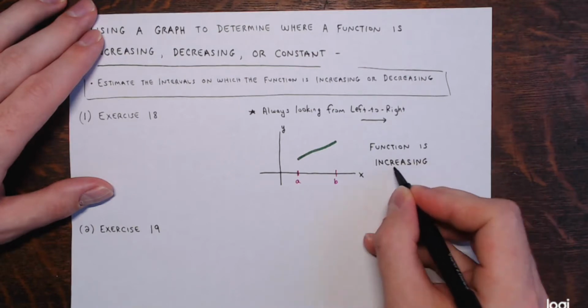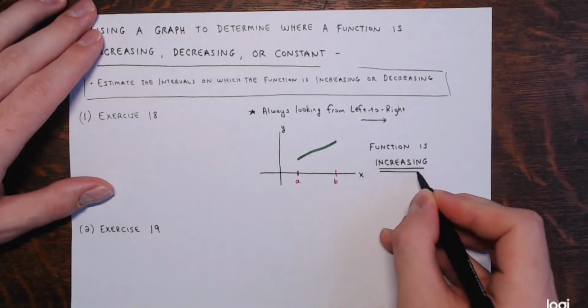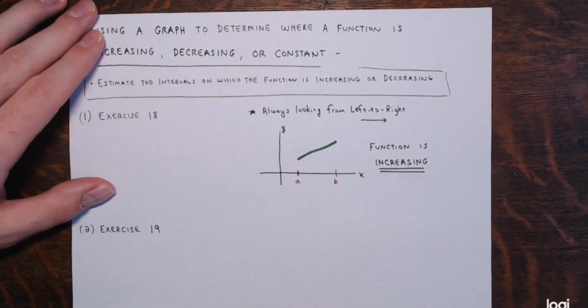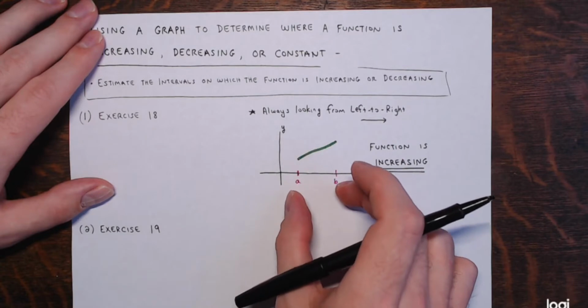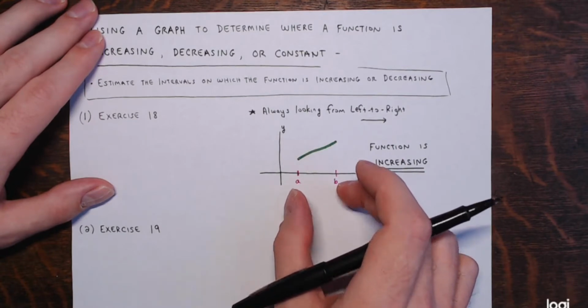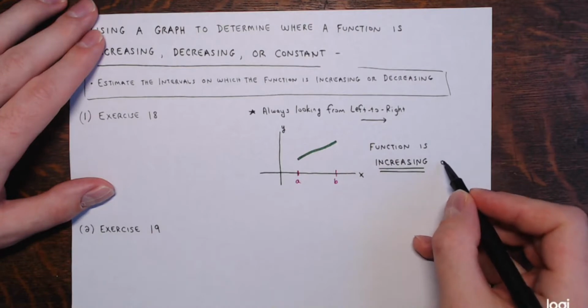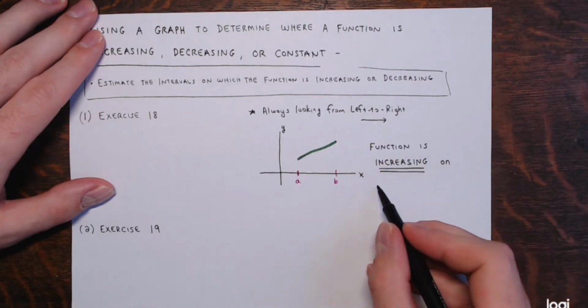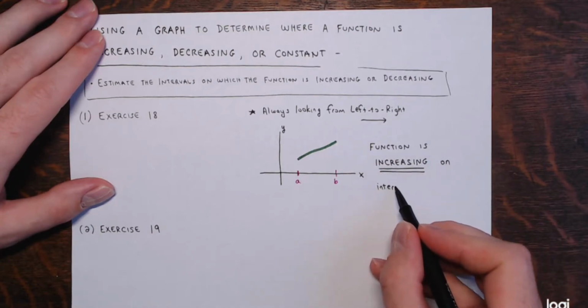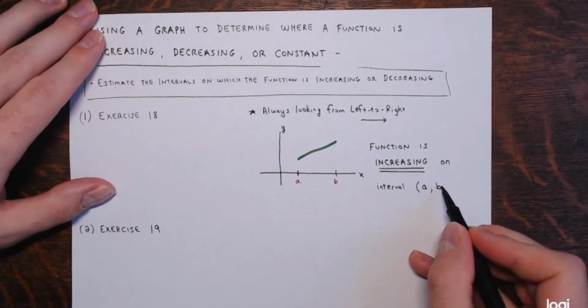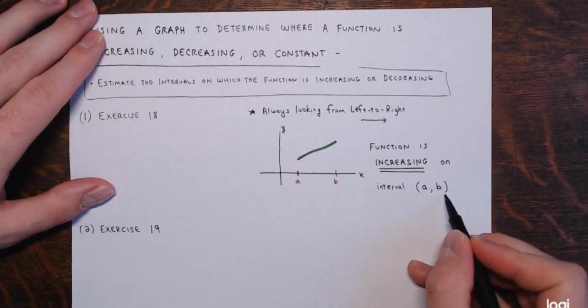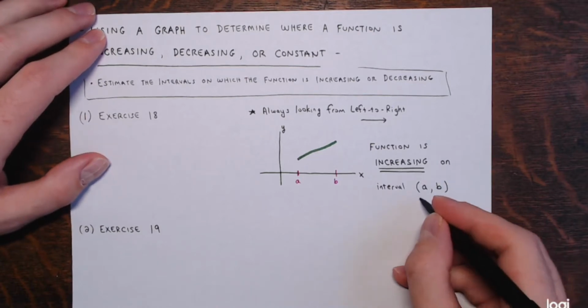And then typically they'll ask you to state where the function is increasing. Over which interval on the x-axis is the function increasing? So we would say that the function is increasing on the interval from a to b, and I'm writing this in interval notation here. Now notice that this is an open interval.